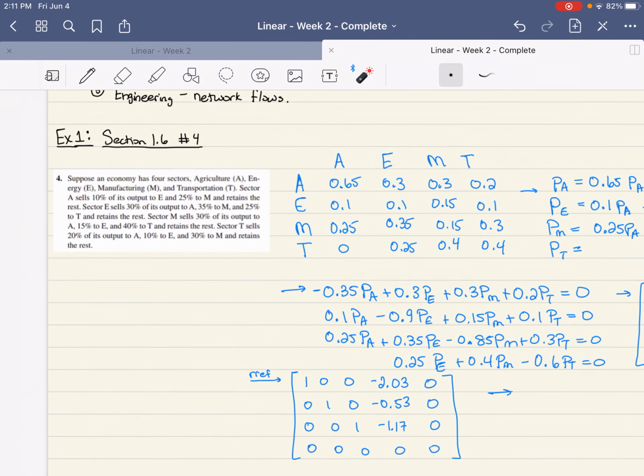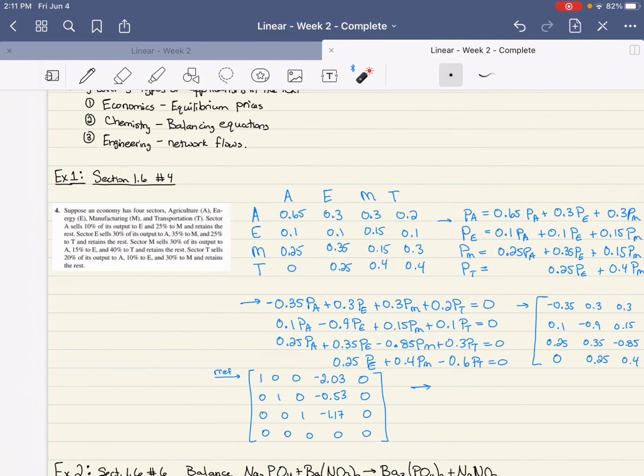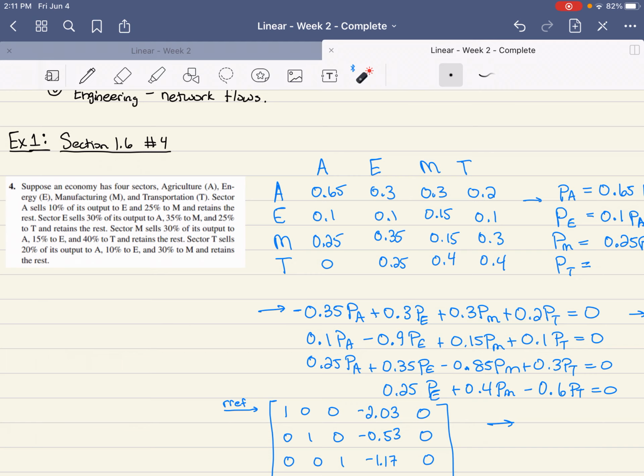Okay, so the application to economics with our equilibrium prices. So basically you have a setup. In this one, we've got an economy that consists of 4 things: agriculture, energy, manufacturing, and transportation. They use A, E, M, and T to represent the bigger words since they didn't want to write them out all the time.